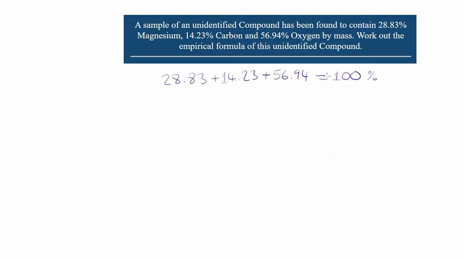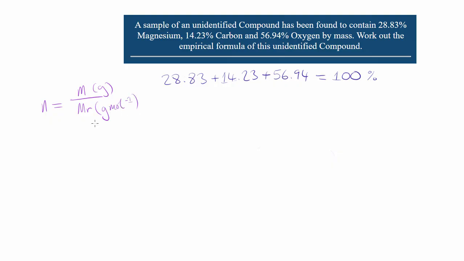This is a starting point, because the equation I'm going to use relates moles, mass, and molar mass: n equals m over Mr, so moles equals mass divided by molar mass.